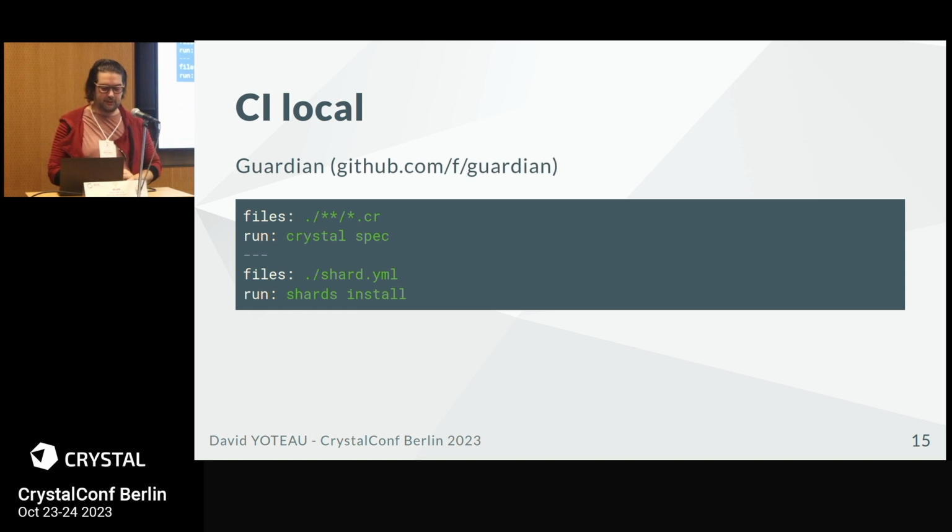It's a file system event listener. It configures pairs of path pattern and a command to launch. So here, when a .cr file is modified, I launch Crystal Spec, and if you modify shard.yml, I launch shards install.